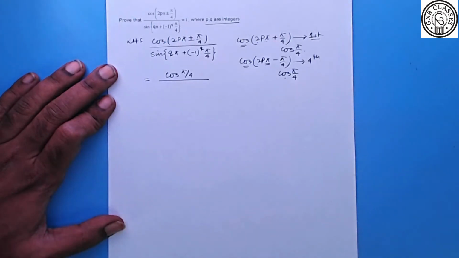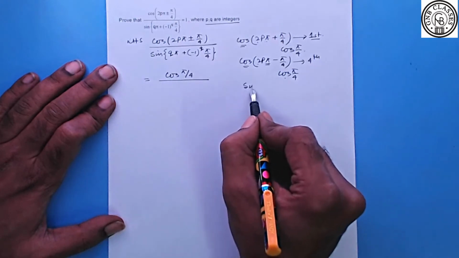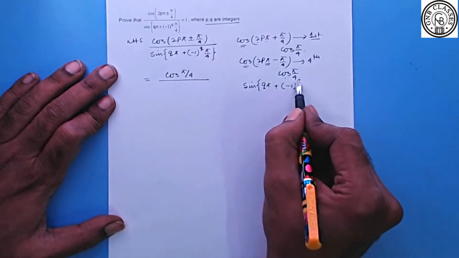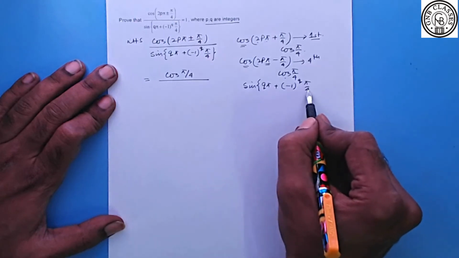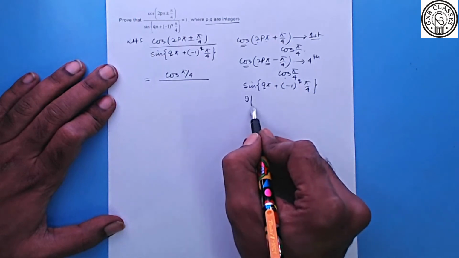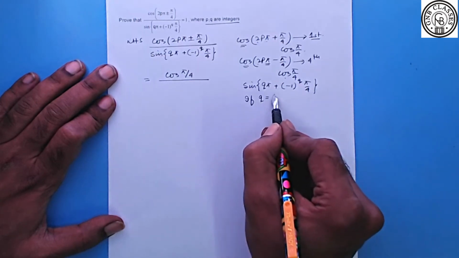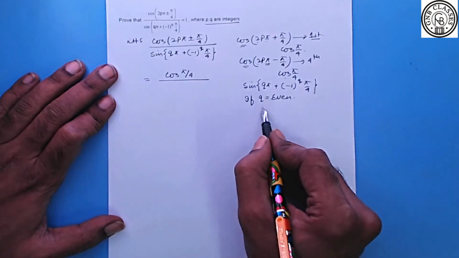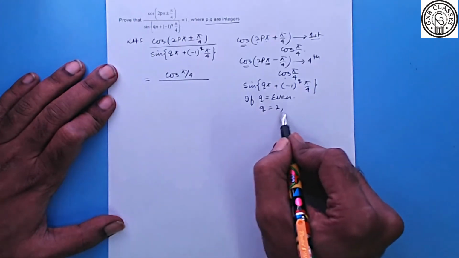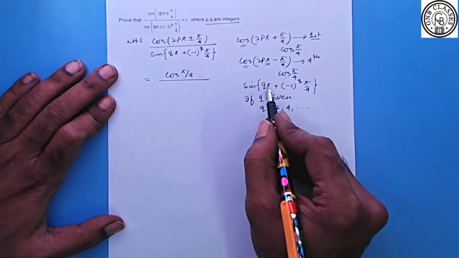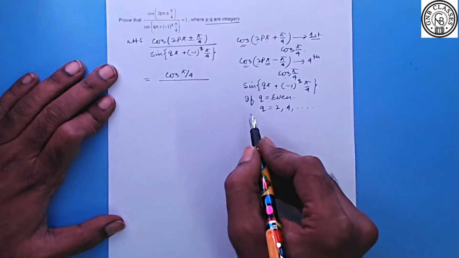Now let us consider the denominator, sin(q pi plus minus pi by 4) whole to the power q. Now look very carefully. If q is even, let us consider q as 2 or 4, whichever you want. Now if q is 2, then what happens?